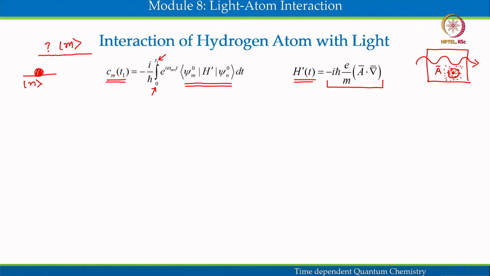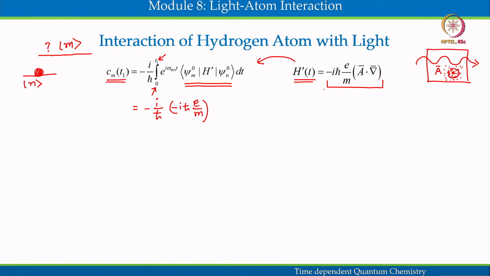We are trying to find out what kind of transition we can have. So, once we express the perturbation in terms of the vector potential, one can insert this one here and write it down as minus i by h cut, then I have this minus i h cut E by m.